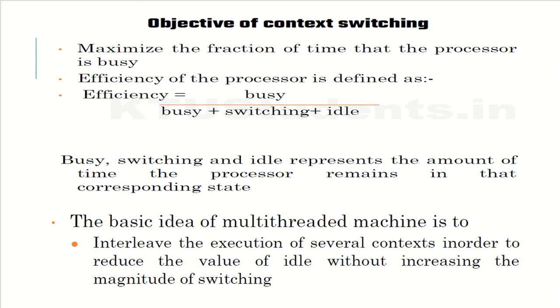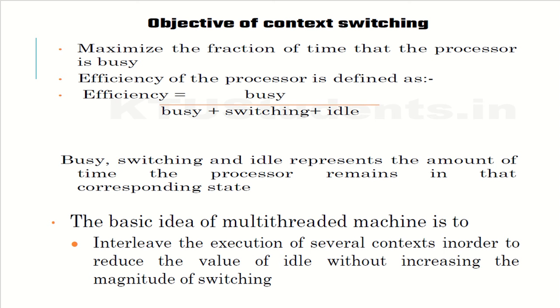The basic idea of a multi-threaded machine is to interleave the execution of several contexts in order to reduce the idle time without increasing the magnitude of switching. So you cannot spend a lot of time switching. You cannot say that every 2 cycles the context keeps on switching. That is not an efficient processor. What you do is that you reduce the magnitude of switching.